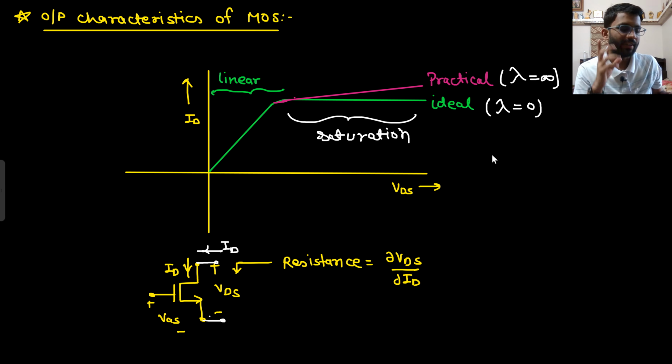We also found out the value of RDS when we studied MOS physics, while studying channel length modulation, in the saturation region. What was the expression, if you remember? That was 1 upon lambda ID for the practical case, and for the ideal case R0 was infinity. Do you remember it? For the practical case, the expression was 1 upon lambda ID.